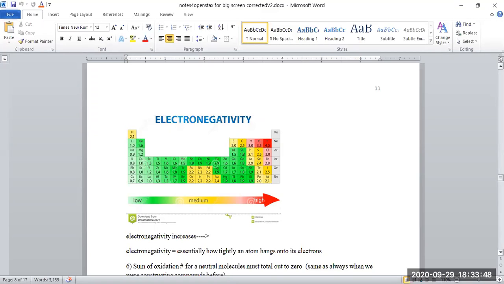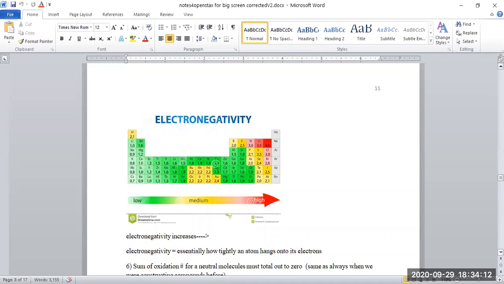Fluorine is king in the world of electronegativity. Fluorine is the electron pig, okay? It steals electrons from everybody else. It also has a perfect score. It has a perfect GPA. It's 4.0. Everything else is lower in comparison.